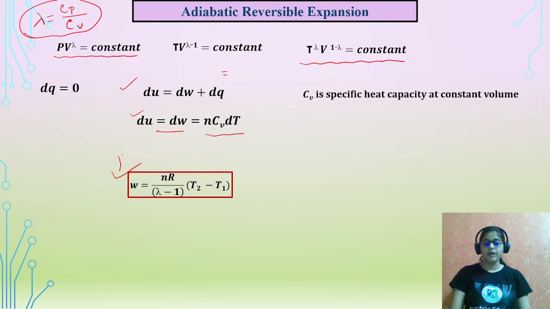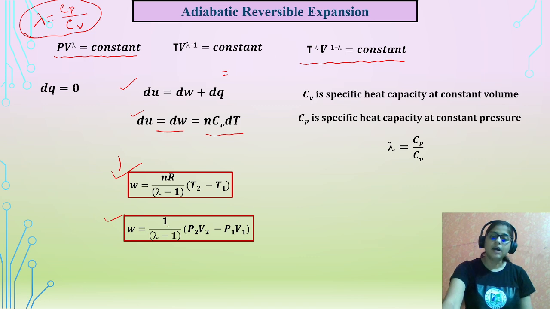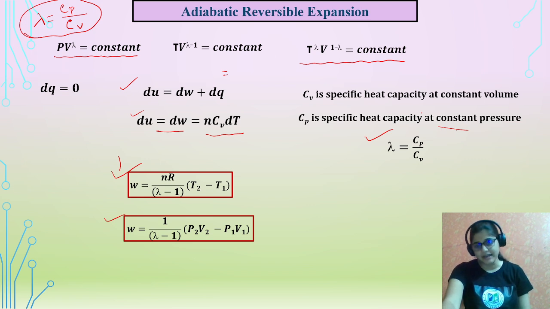Only one formula you have to remember, the other formula is also there if we rearrange that formula. So this one also is a formula for work. You can remember both or only one. Now Cp is the specific heat capacity at constant pressure. Why has Cp been written? Because here gamma equals Cp by Cv. So you should have the idea.